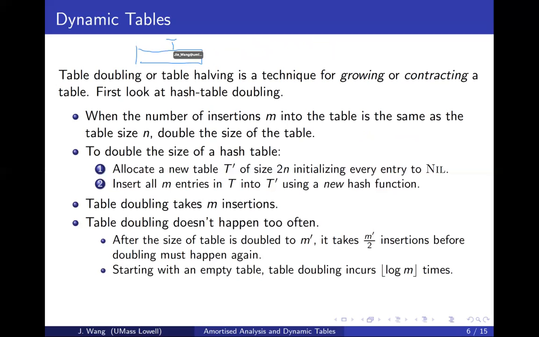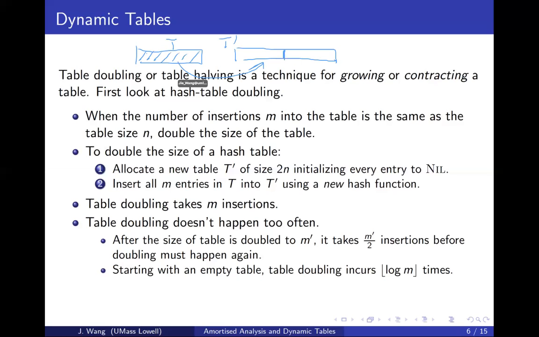Then I'm going to create another table which is double the size of t. Let's call this t prime. Then all the items here will need to be copied over under new hash values.